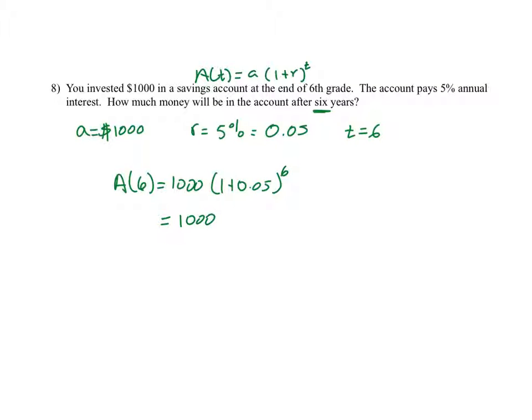So 1,000 times 1.05 to the 6. Remember that we're going to do that in order, but we can do it directly in our calculator. So this equals 1,340 with 10 cents. So at the end of 6 years, we're going to have $1,340.10.